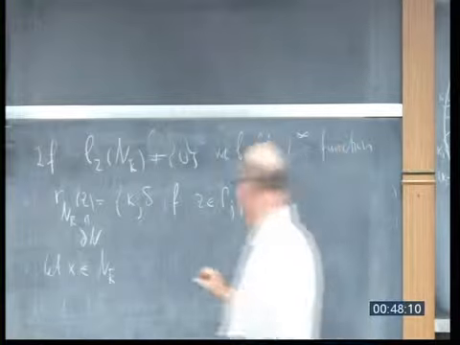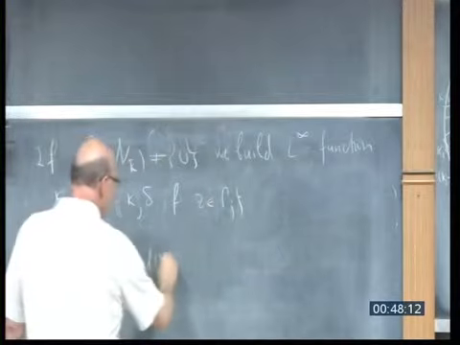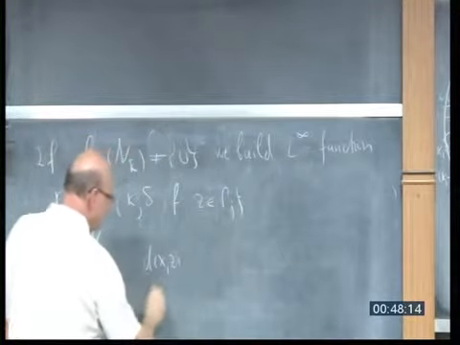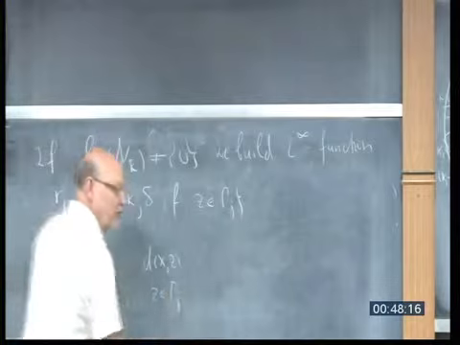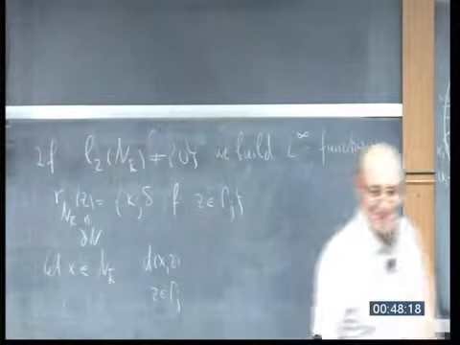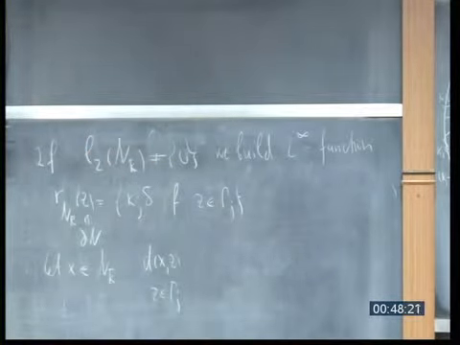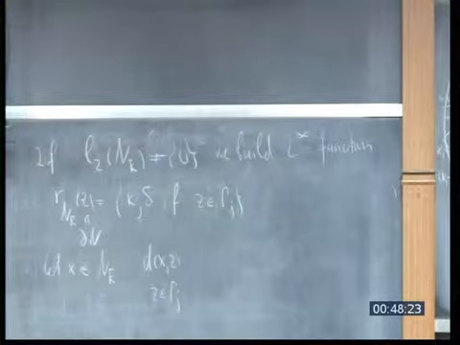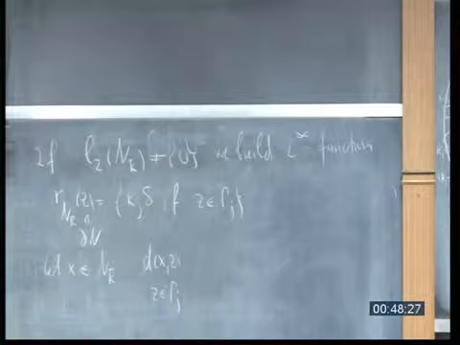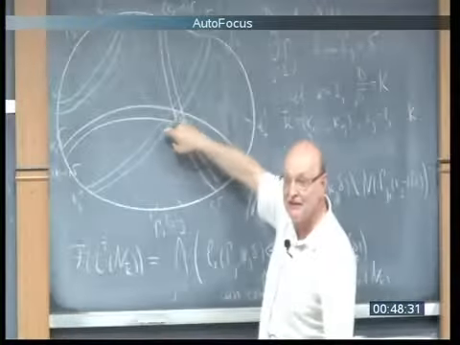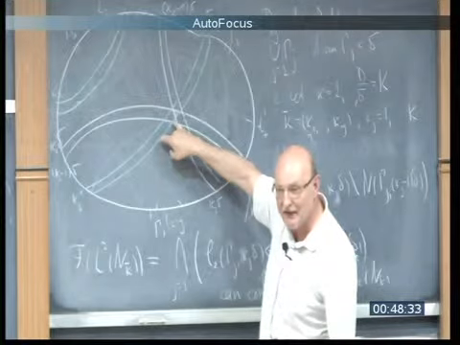Then if you look at the distance from the point x to z, where z belongs to gamma j, what can we say about this distance? What can we say about the distance from any point here to gamma 2? It's between k2 minus 1 and k2, correct? By delta.